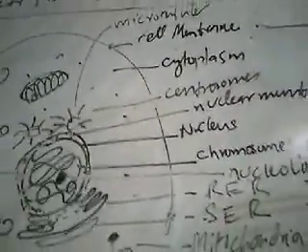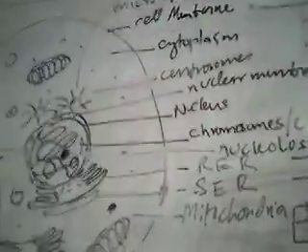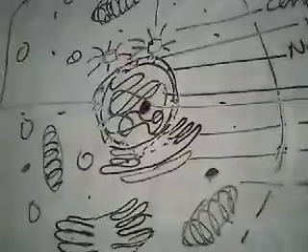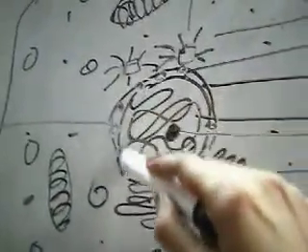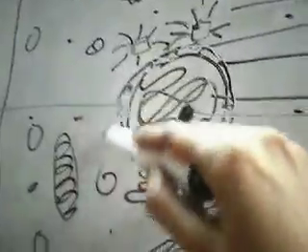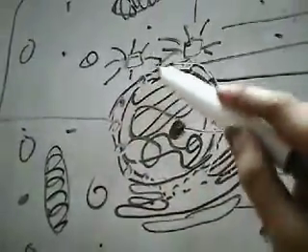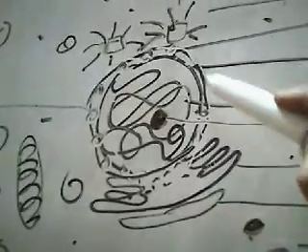Now moving on to the next part, the nucleus. Let's discuss the nucleus. Since we know that the animal cell is a eukaryotic cell, it means that it has a membrane bounded nucleus. We already discussed this. So over here, this is the nucleus of an animal cell, and these two lines or two layers, actually it is a single layer, but I have drawn it in a way that you can see that it is forming a layer.